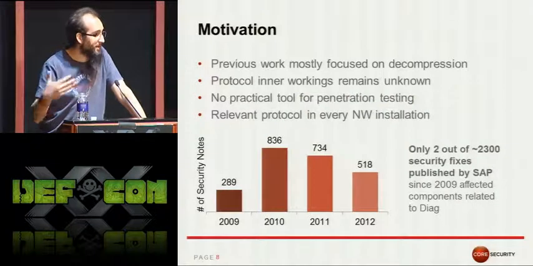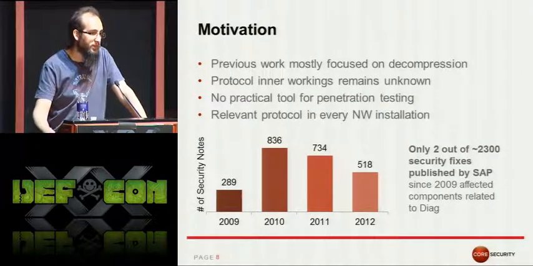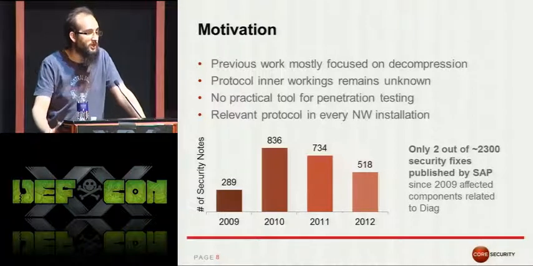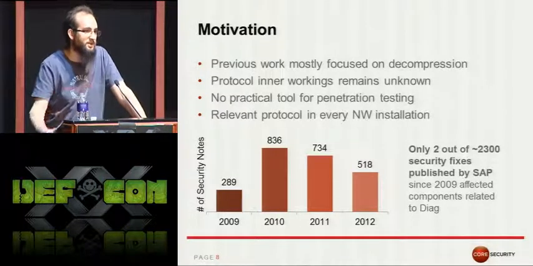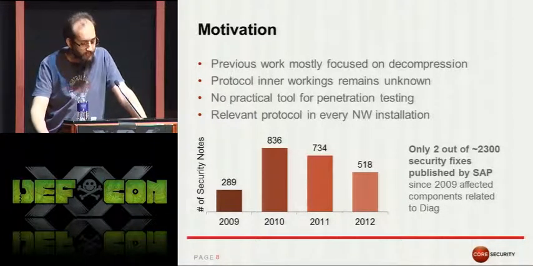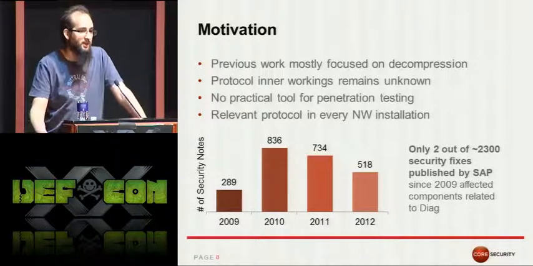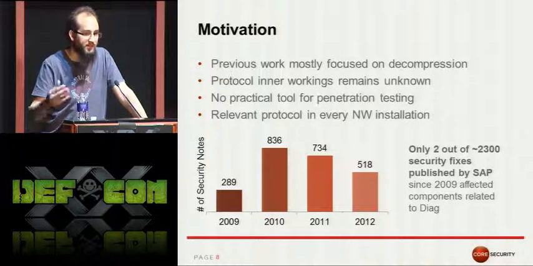So, as can be seen, most of the previous work was based on compression and decompression of the traffic, and the protocol inner workings and details about the packet formats remain still unknown. And there's no practical tool to perform a penetration test against this protocol or to make an assessment.